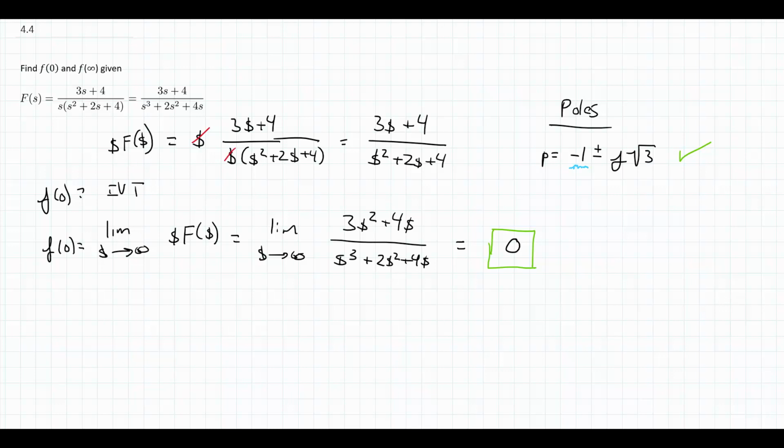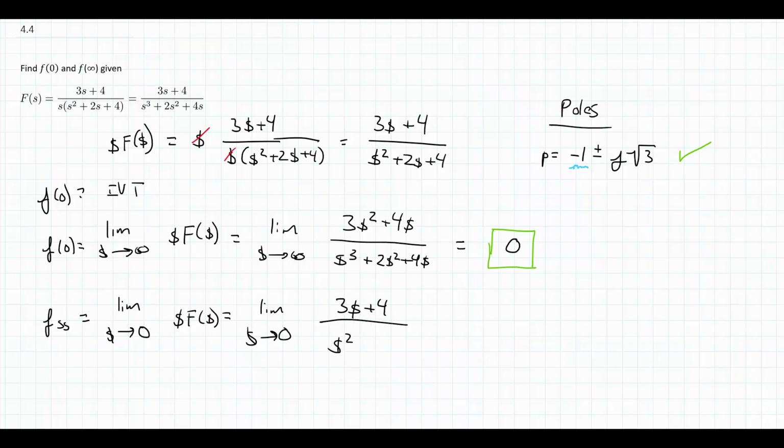The steady state value is the limit as s goes to 0 of s times F of s. I already have s F of s, and here I'll use the form 3s plus 4 over s squared plus 2s plus 4, the same term I found the poles of.